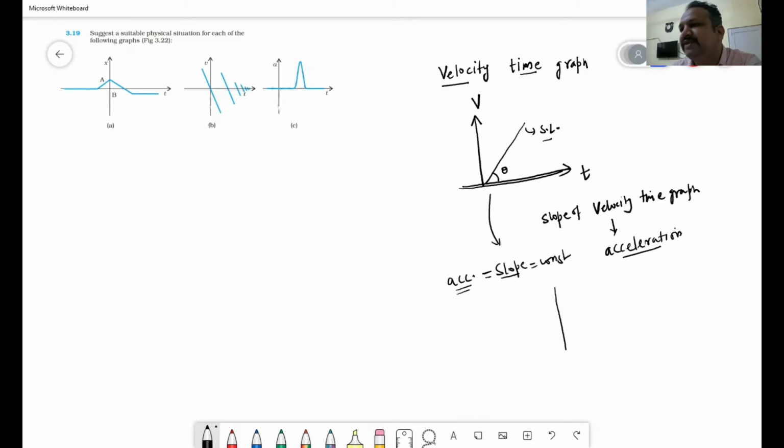If we have a graph like this, because it is making angle 0, in this situation acceleration is also 0. We can say velocity is constant. But in this situation velocity is not constant, velocity is continuously increasing.